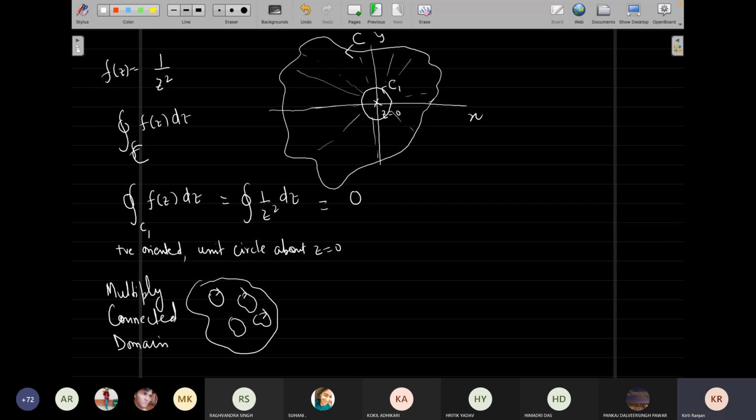Let me first say C, and in any place between it, C1, C2, C3, C4, all of which are holes, such that my function is analytic everywhere except within C1, C2, C3 and C4. And I ask you to give me the result of the integral of f(z) dz over C.